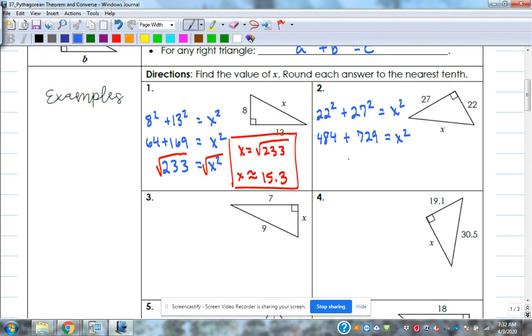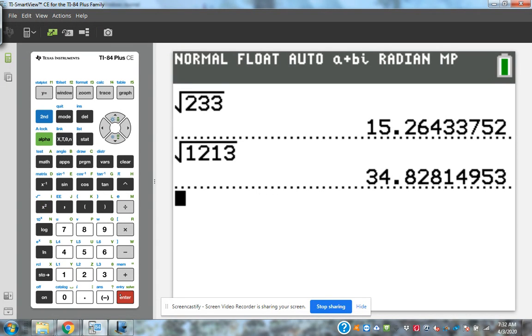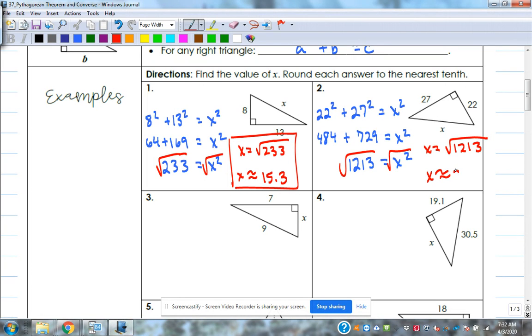We're going to add those together. 1213 is X squared. And then we take the square root. Square root of 1213 and its approximation. 34.8 is what that rounds to.